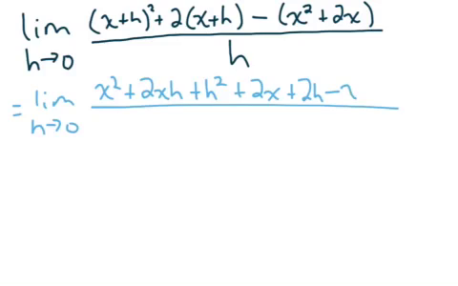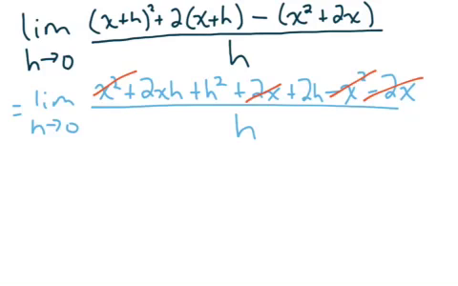I've got minus x squared, and I've got minus 2x, and this is all still over h. And so once I do that, notice that I do have an x squared here minus an x squared here. That goes away. Goes to 0. I have a 2x and a minus 2x here, and that goes to 0.